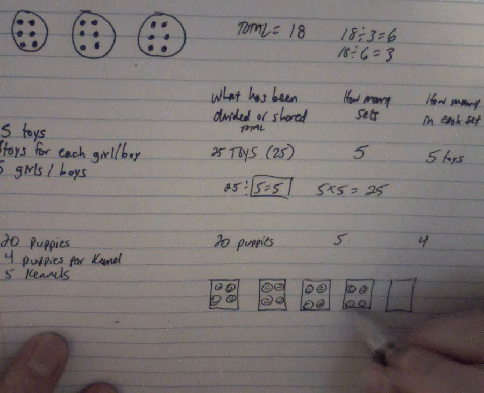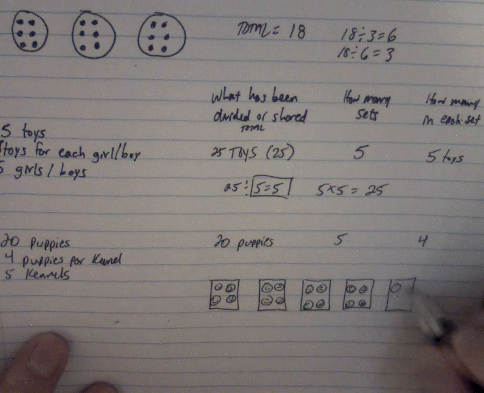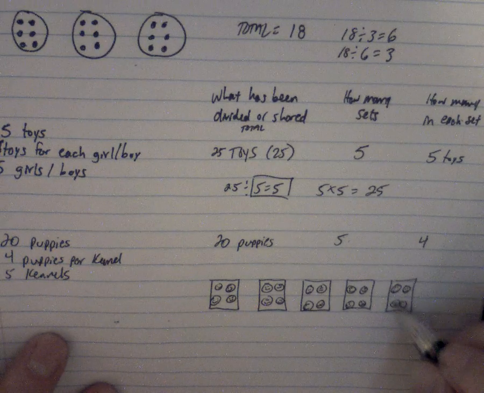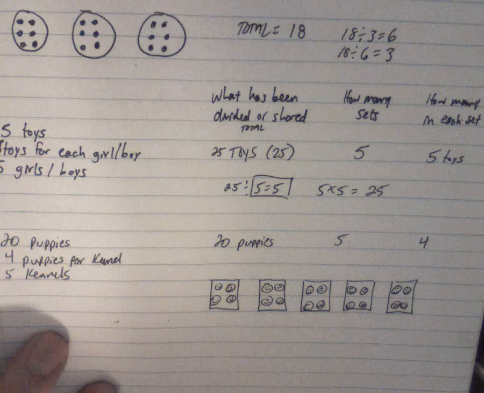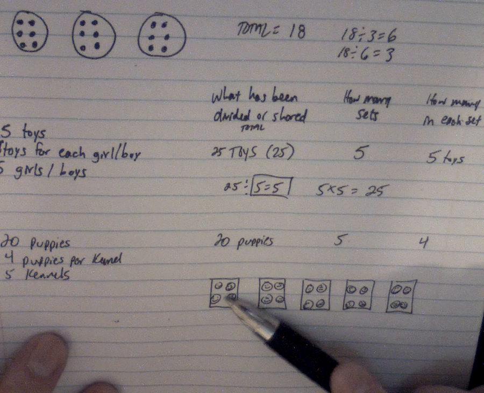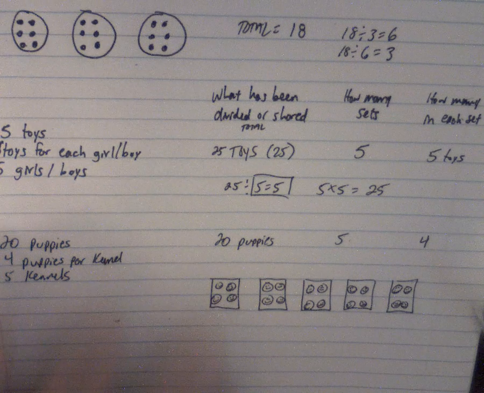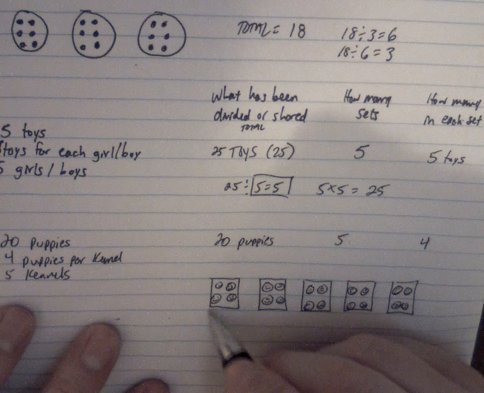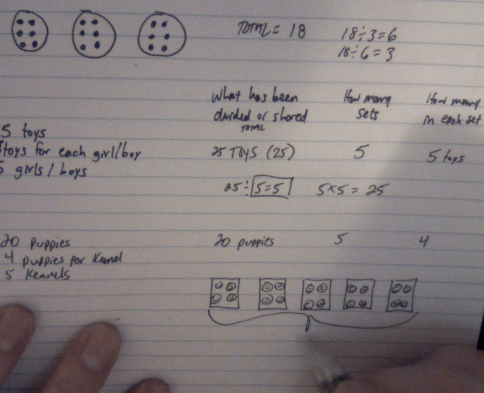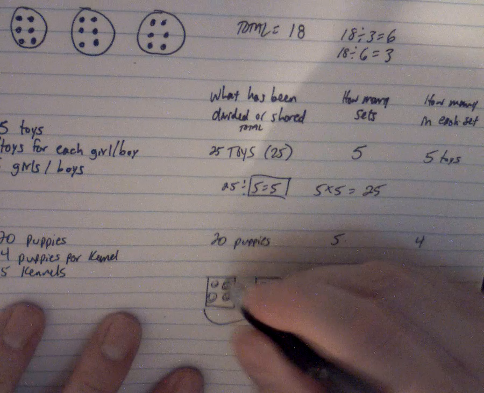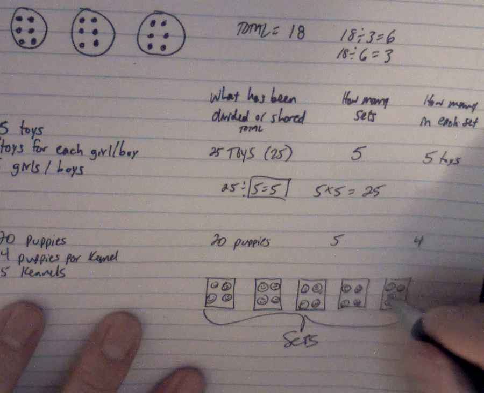All these puppies are very happy, very well fed, very well taken care of at Bob's Kennel. There we go, 4 puppies in each kennel. That's how many are in each set, because these are the sets, the groups. These are how many are in each set.